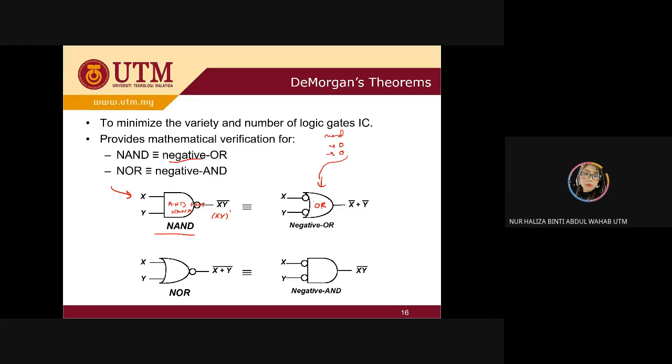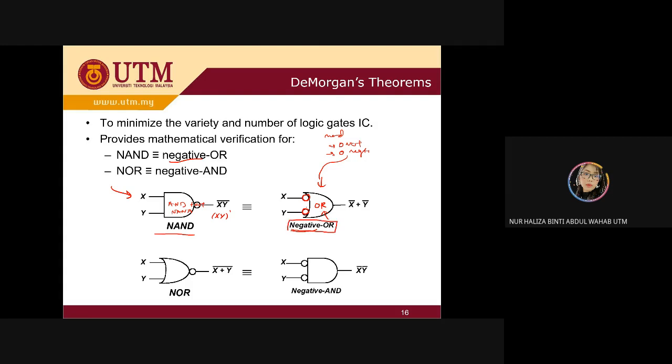When you have the bubble here, it means it is a negative. And this is your OR gate. So it is called negative OR.